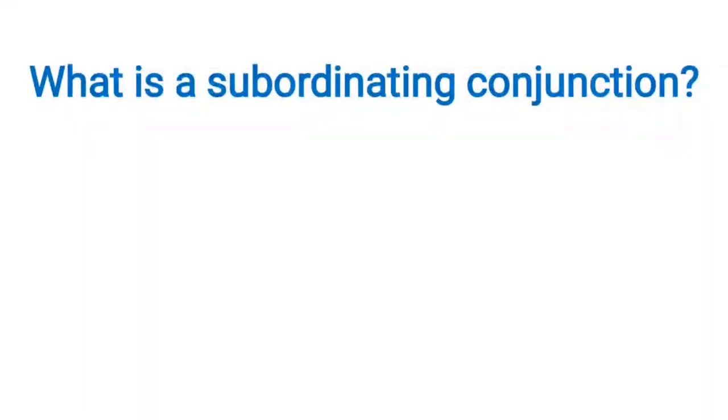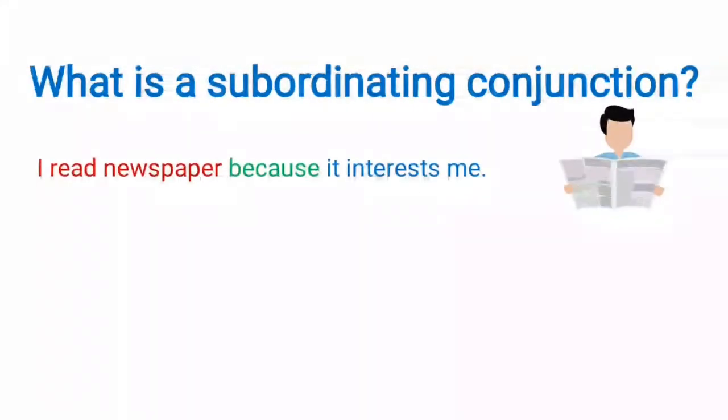Now let's try to understand what is a subordinating conjunction with the help of a sentence. Now read this sentence. I read newspaper because it interests me. This sentence contains two clauses, one of which is because it interests me.